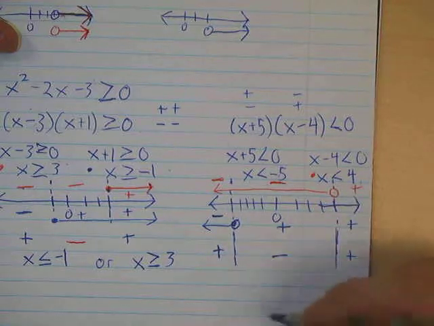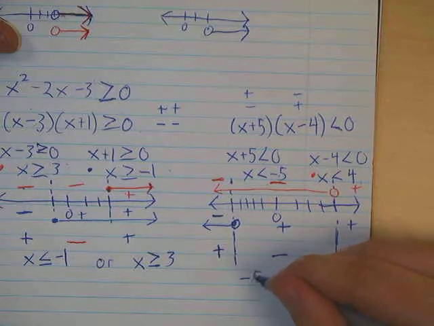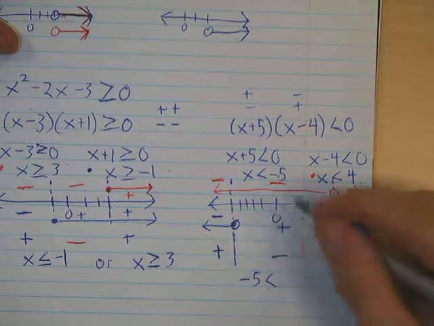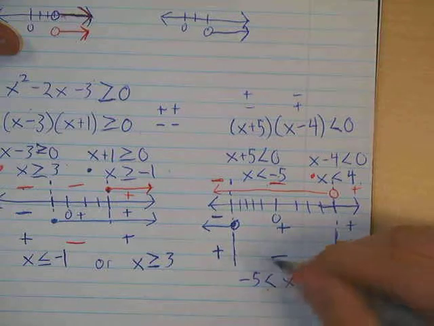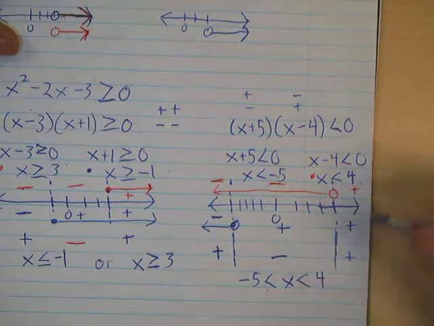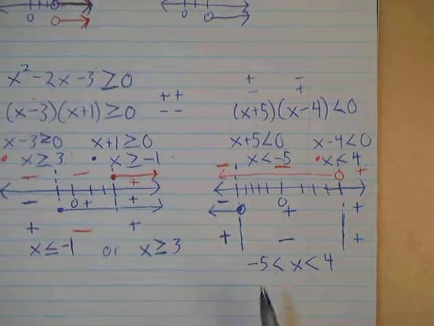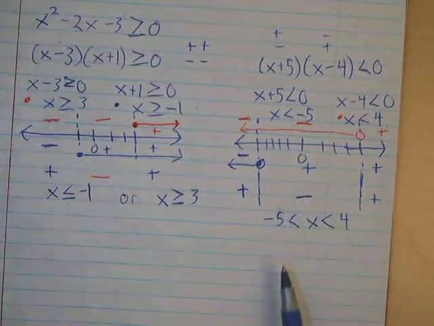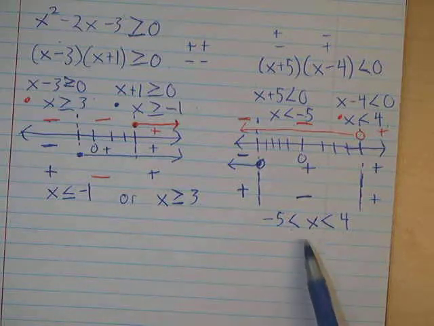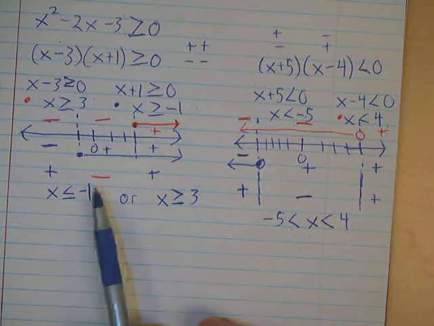Okay, so the only space where this multiplication will come out to be a negative, in other words less than 0, is between -5 and +4. So -5 is our bottom end, can't be equal to, just less than x, which is less than +4.